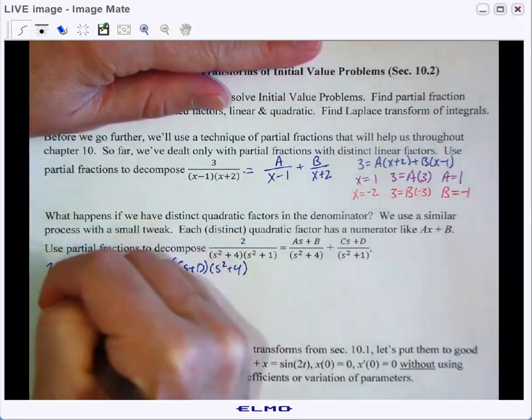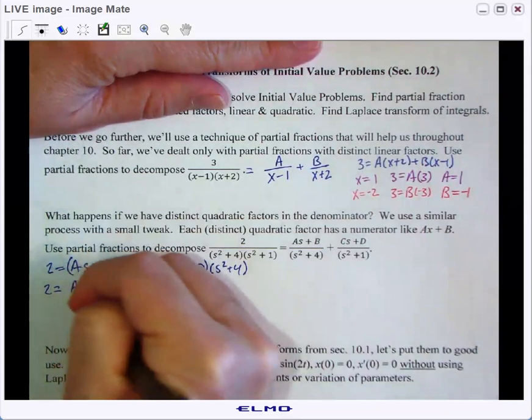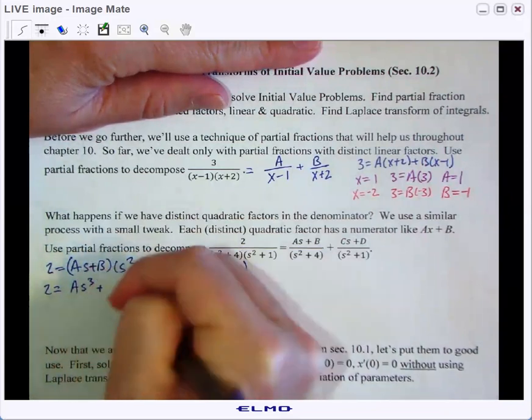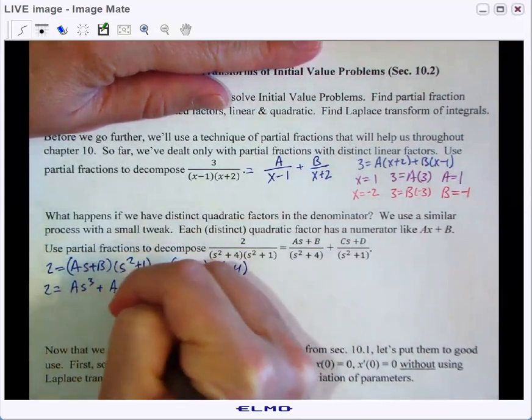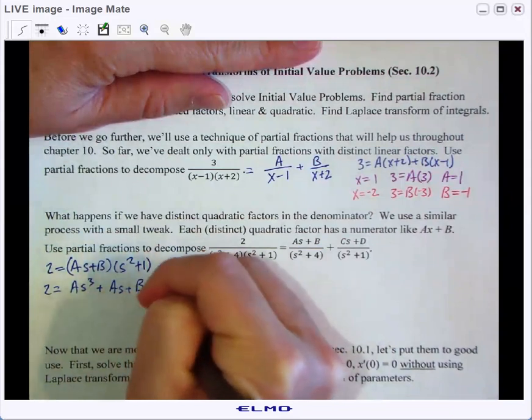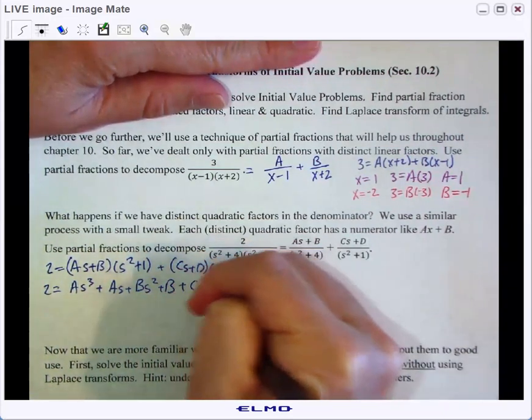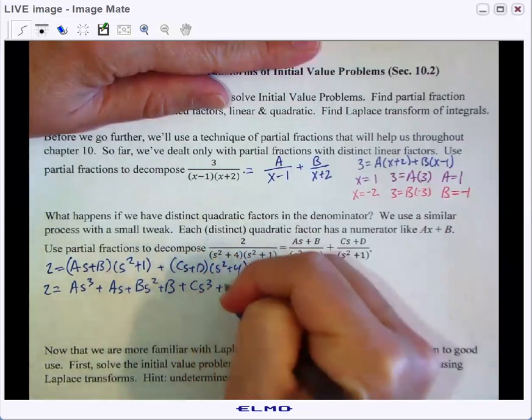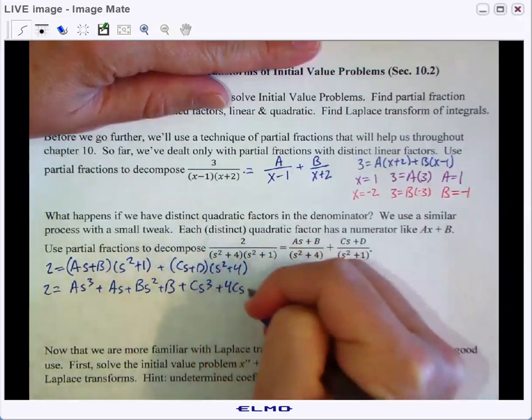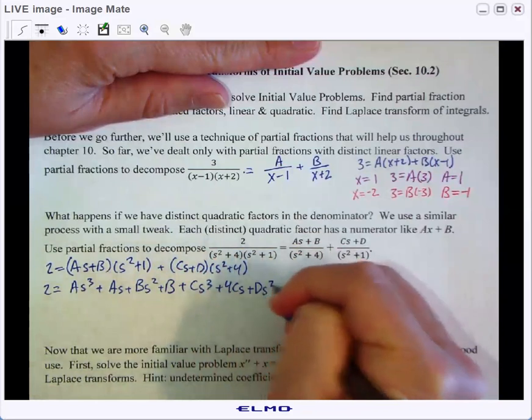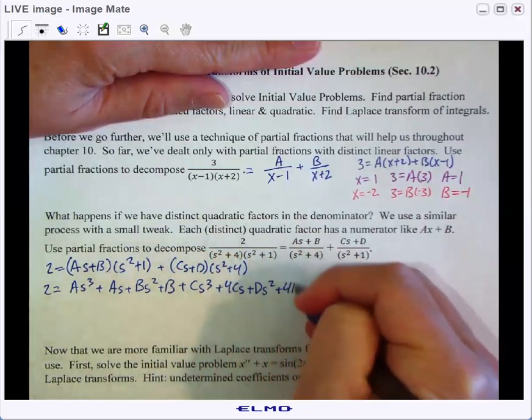So 2 is equal to As cubed plus As plus Bs squared plus B plus Cs cubed plus 4Cs plus Ds squared plus 4D.